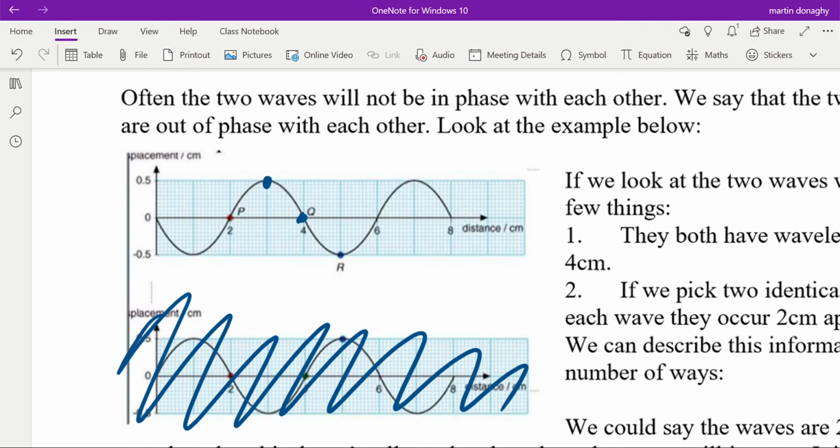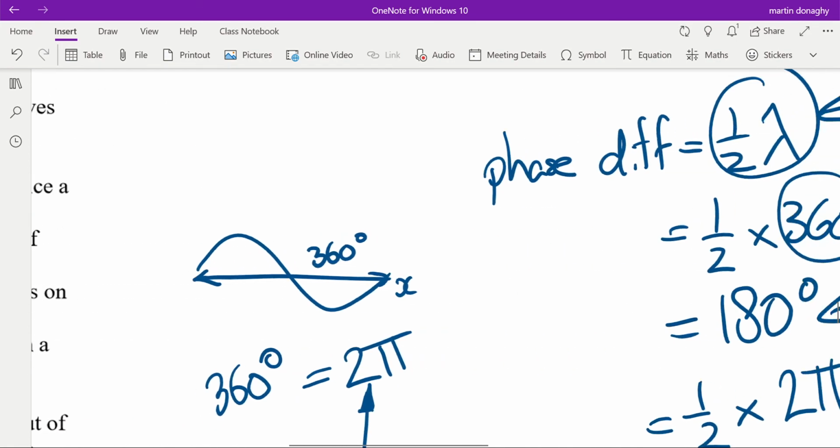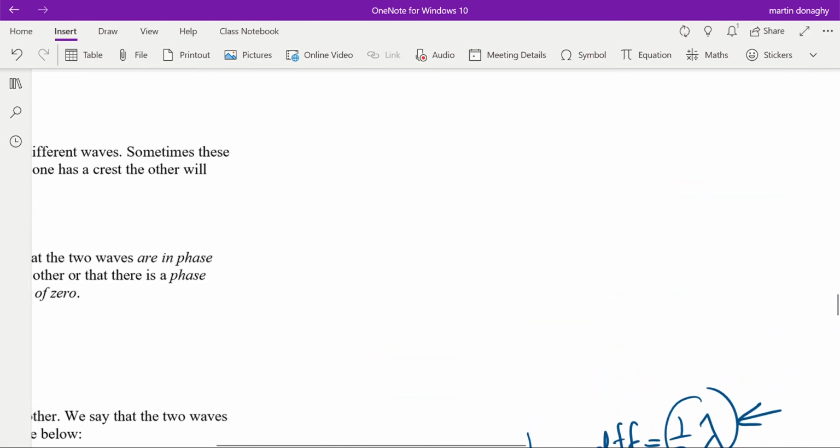So I would say a full wavelength of this wave is still 4 centimeters. The difference between our first point and our second point there is just 1 centimeter, which means that they are, just go up here, a quarter of a wave out of phase.